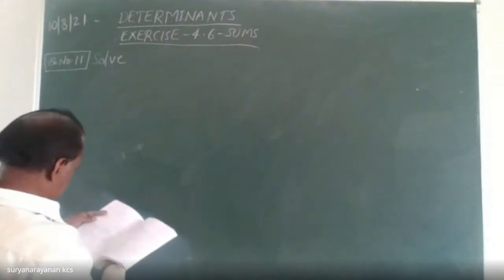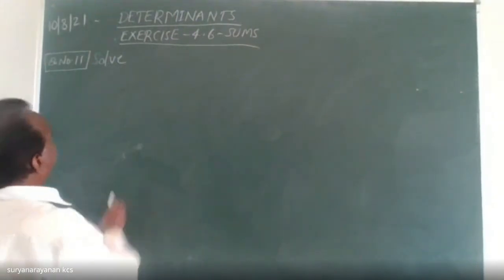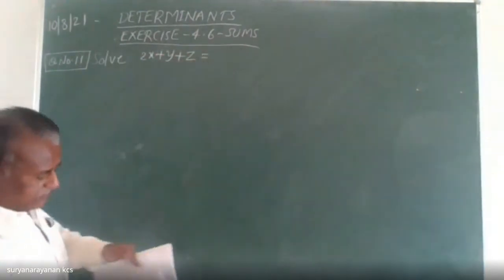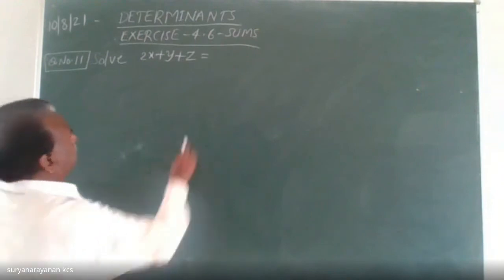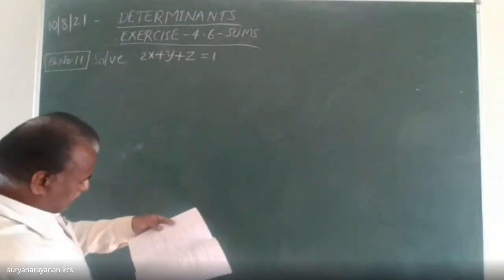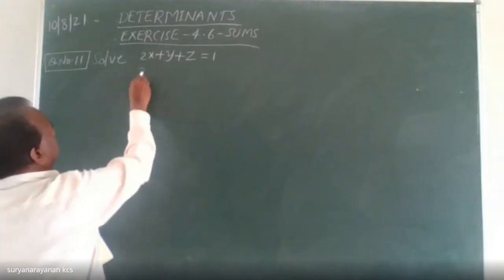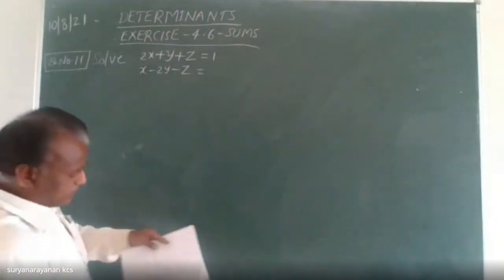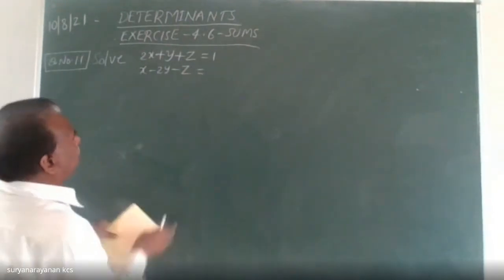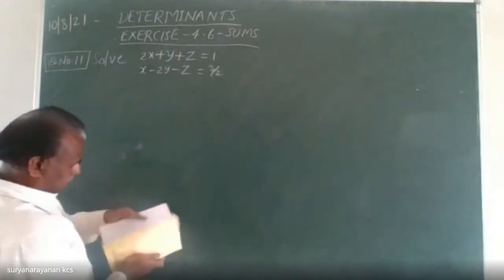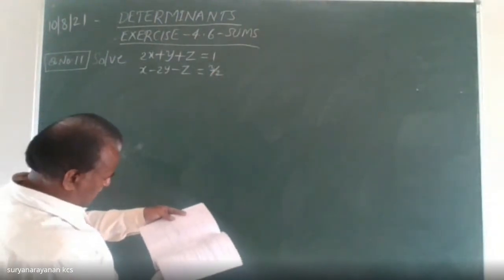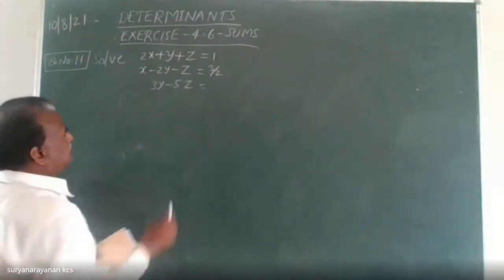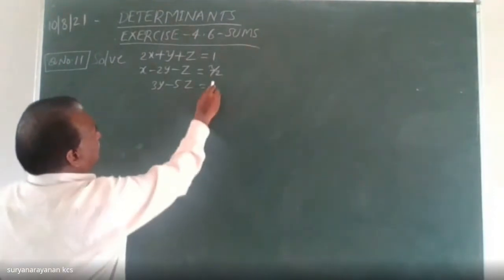Solve 2x plus y plus z is equal to 1, and the second equation, x minus 2y minus z is equal to 3 by 2, and 3y minus 5z is equal to 9.